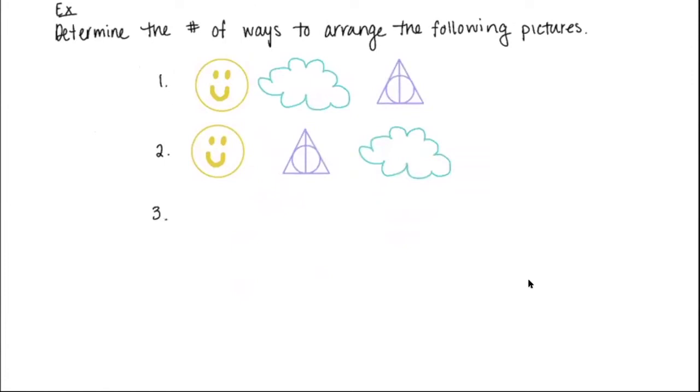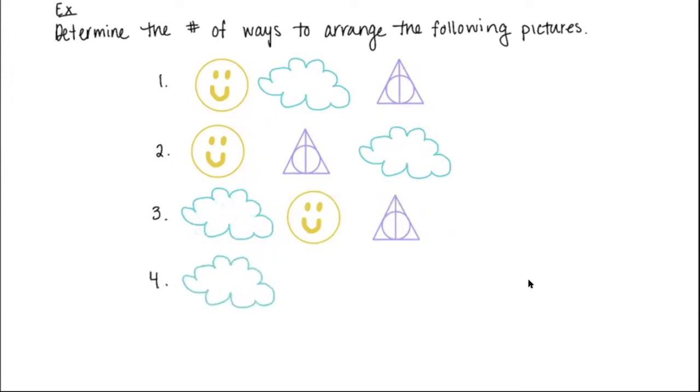Let's put the cloud first. And then we could put our smiley first before the Deathly Hallows. And likewise, I can flip the order of those. So cloud goes first, then Deathly Hallows, then we've got smiley.